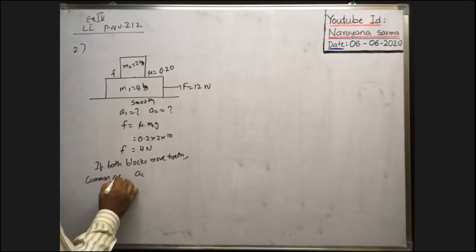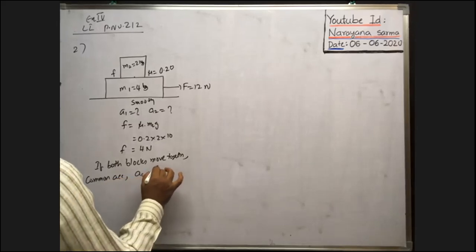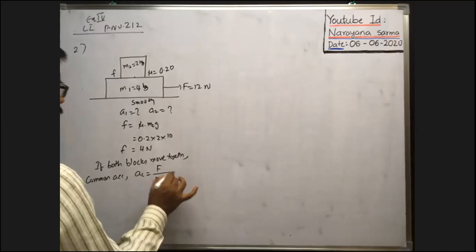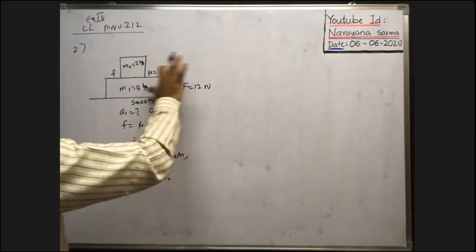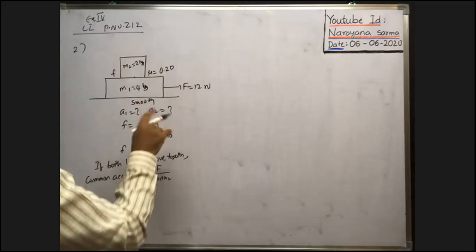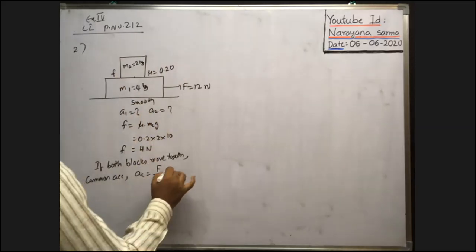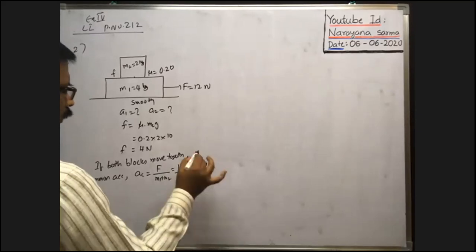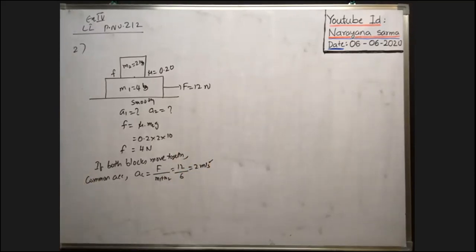Common acceleration AC is equal to total force acting on the system by total mass m1 plus m2. As both blocks move together in the same direction, they constitute a single body having mass m1 plus m2. Applied force is 12 by total mass 6. That's why 2 meter per second square.